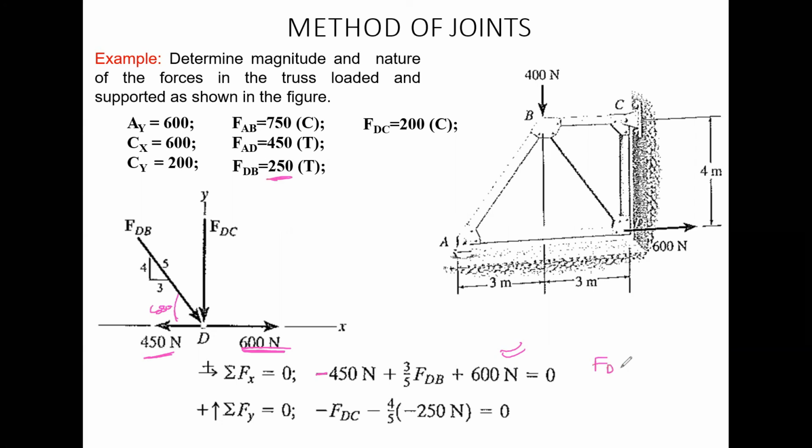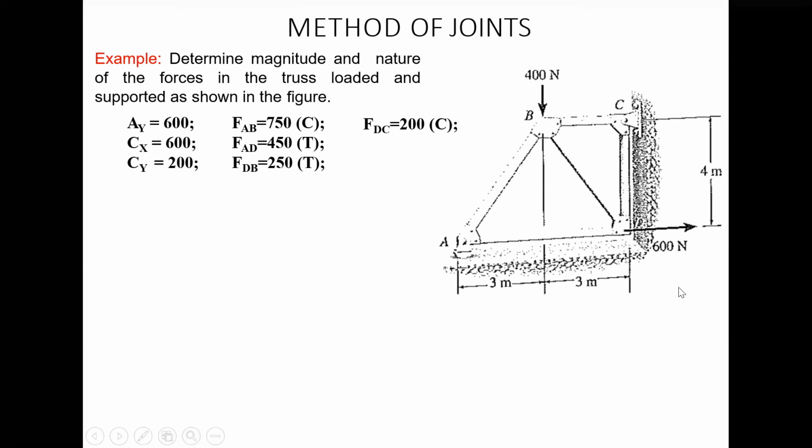So here we will get FDB is equal to minus 250 Newton. So here we are getting minus sign, negative sign. That means the direction of FDB here, it is producing compression at the point D. But because we are getting negative sign here, so here we will write tension, and we will remove the minus sign.